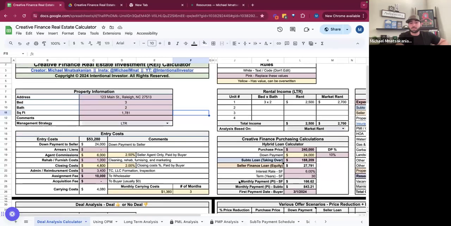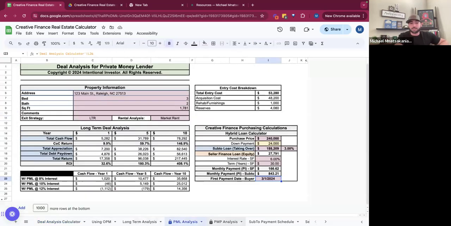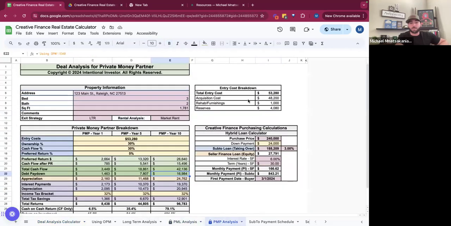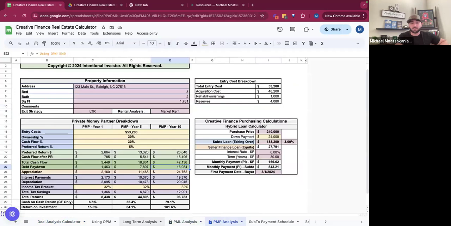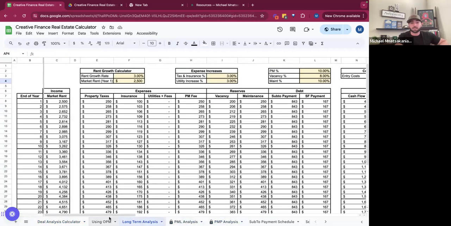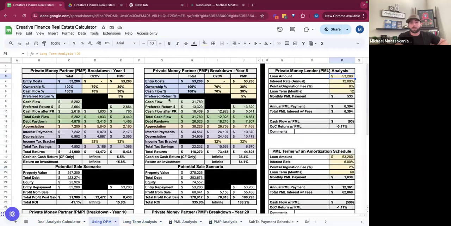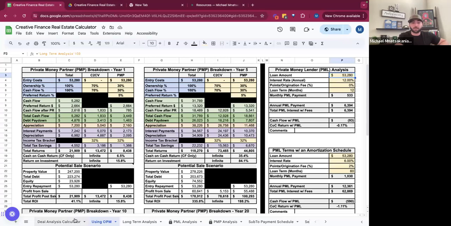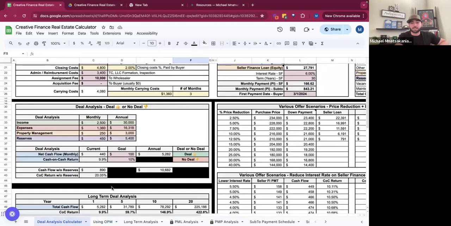The main difference is that the free one stops as a long-term rental analysis tool. It doesn't do long-term analysis, doesn't consider if you're going to raise capital and use private money lenders or private money partners. It doesn't have these nice displays for how to raise capital and present your information, very nice and easy. The long-term analysis, the private money partner and private money lender breakdowns, and then the various exits.